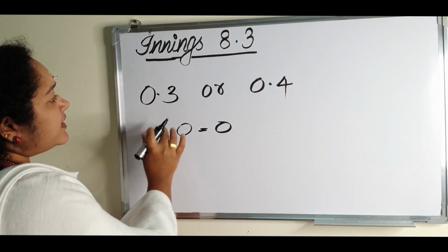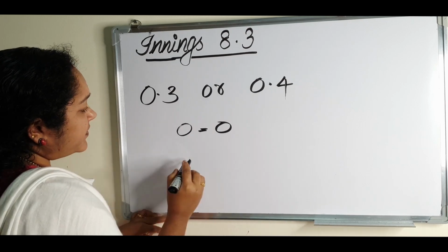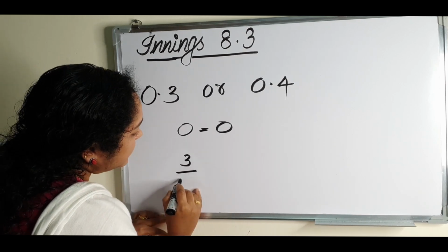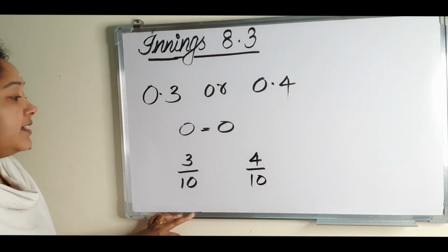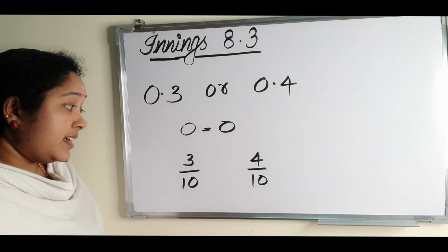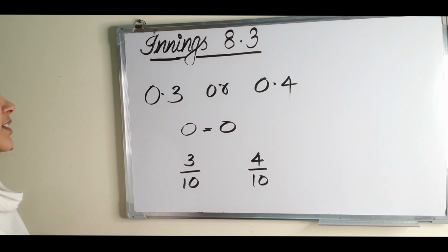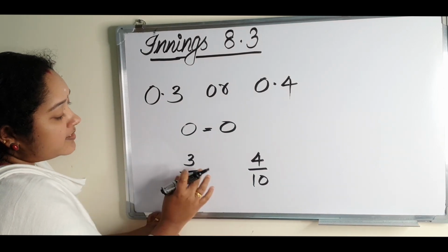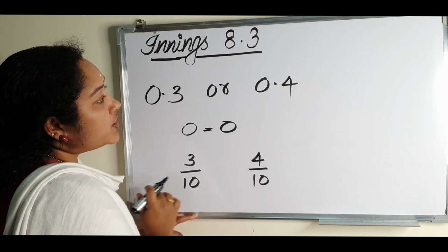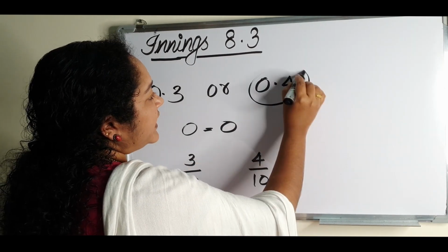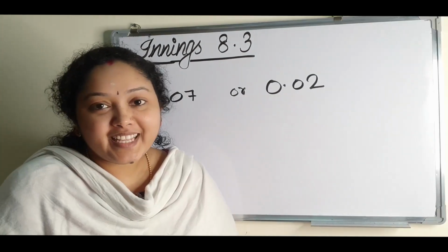The fractional part is 3 and 4. That means 3 by 10, 4 by 10. These two fractions are like fractions, so we consider the numerators 3 and 4. 3 is smaller than 4. So 0.4 is greater.